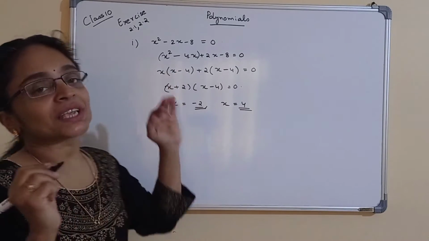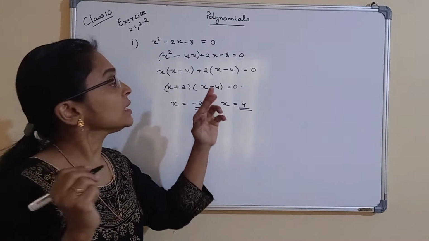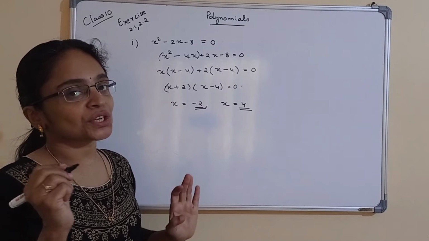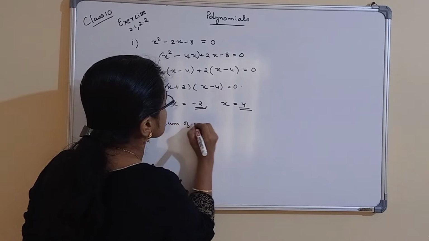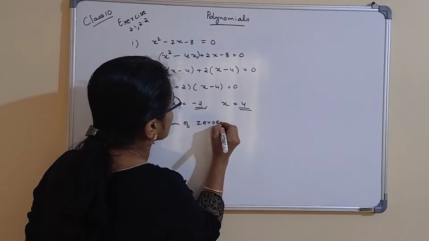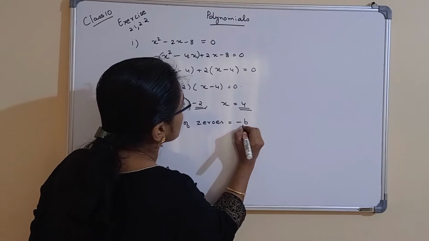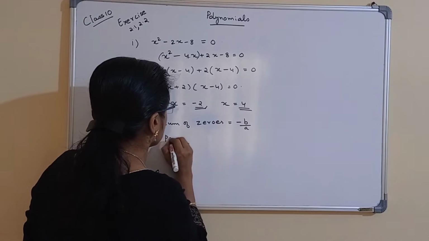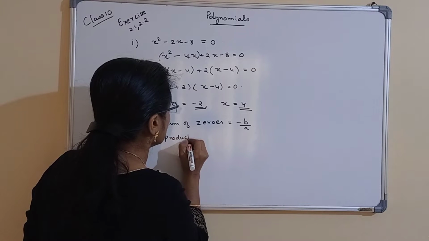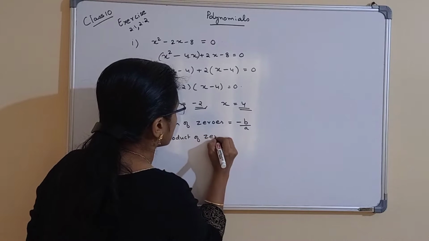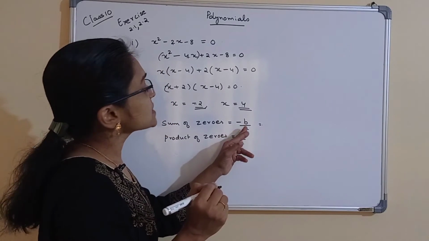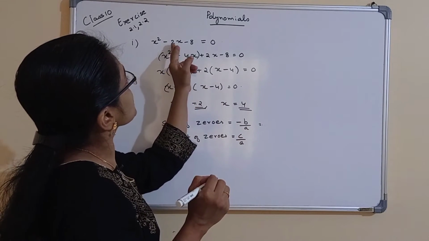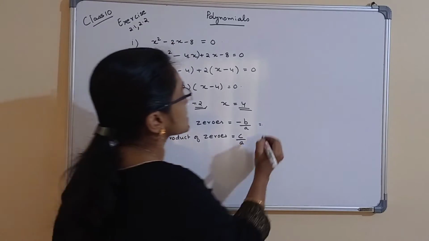Now we have to check the relationship between the zeros and the coefficients, and we know that the sum of zeros should be equal to minus b by a, and the product of zeros is equal to c by a. Is it correct here? Now minus b by a is equal to minus of minus 2 by 1, which is 2.